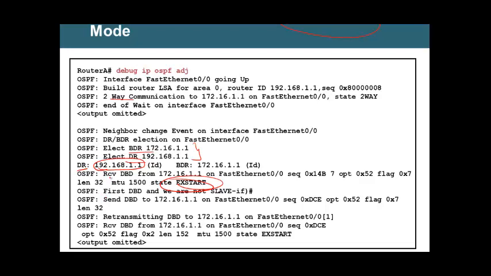First, it will promote itself as BDR, and then after comparing the router ID, it realizes there is no other router with a better, bigger router ID. So it promotes itself as a DR, and that opens the room for the next biggest router ID to declare itself as a BDR. That is what happens in the start state. And then the exchange state, and then loading state, and then full state.